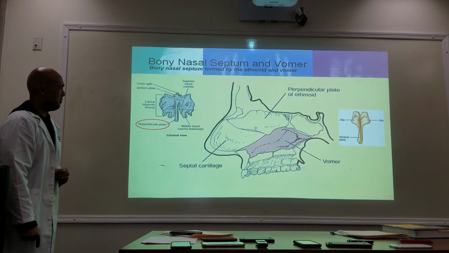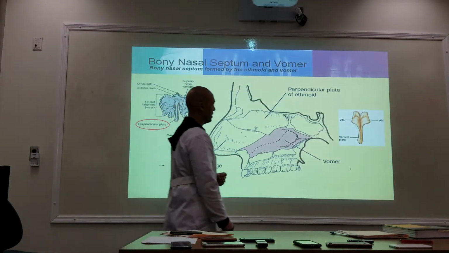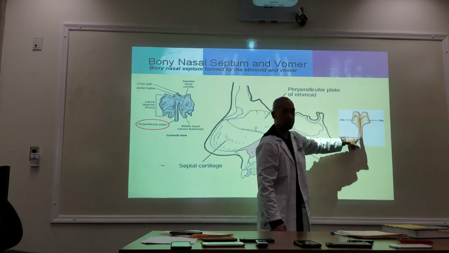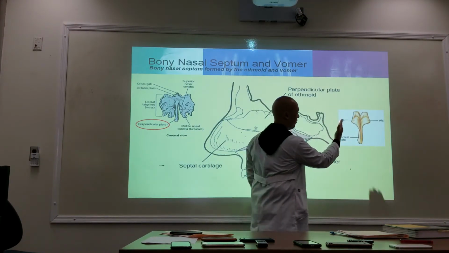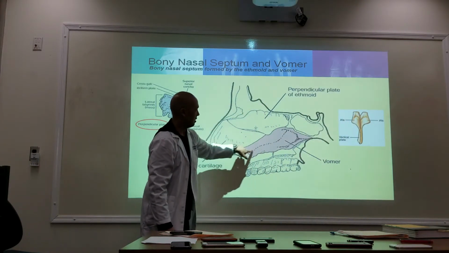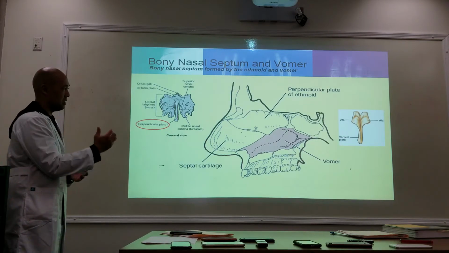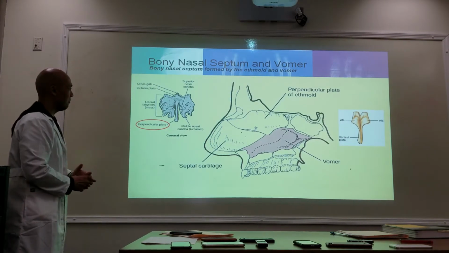Okay, and so the vomer, when you're looking at it from front to back, anterior to posterior, it's a very thin bone that looks just like this. But once you flip it onto its side, this is what the vomer looks like. Okay, and the vomer is what's going to separate the oral cavity from the nasal cavity.